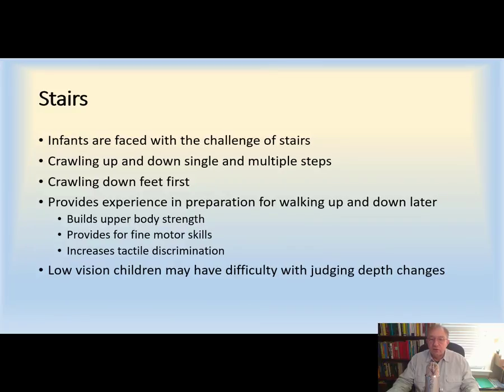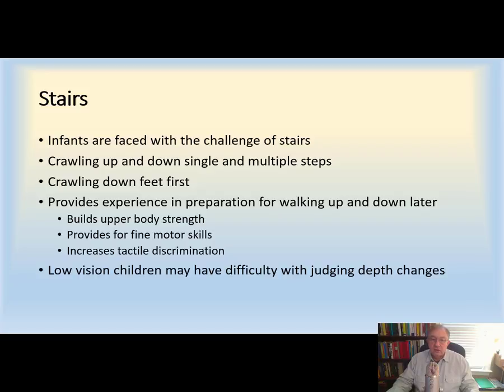Stairs present their own problems. They're a real challenge for infants that have no sight. The child, though, will benefit if they're closely supervised and allowed to crawl up and down, single steps, multiple steps, which gives them good experience, good practice.